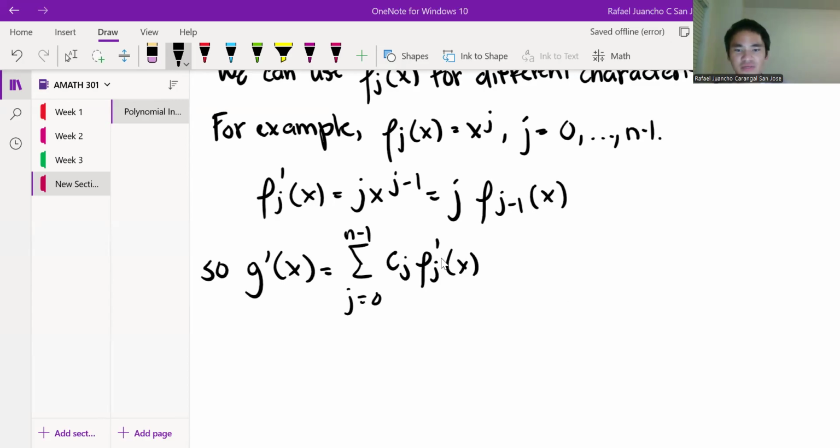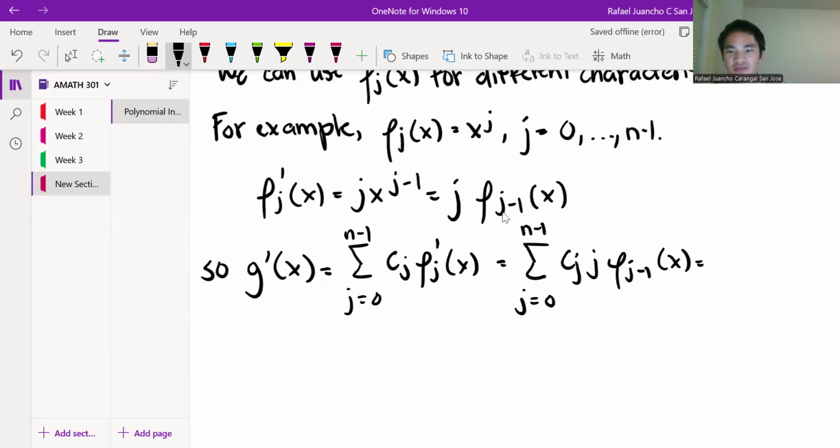And what is this going to be? Well, I can keep on going. This is a summation of c_j times j, then rho_(j-1) of x, and this goes from j equals 0 to n minus 1.